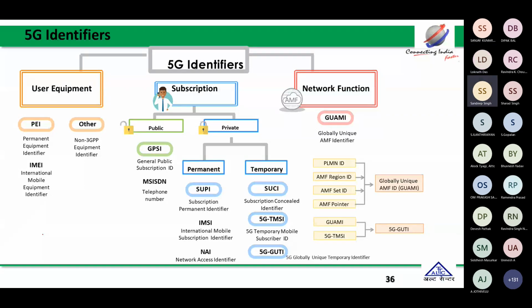Okay, so there are just three types of identifiers used in the 5G network. For the user equipment, up to 4G, it was the IMEI, the International Mobile Equipment Identifier. But now in 5G, the equipment is not only a mobile.